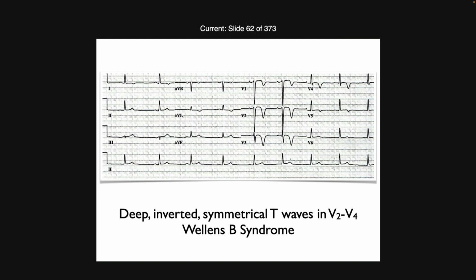So what are we looking at? Wellens B is deep inverted T waves in V2 through V4. Again, it doesn't have to be V2, V3, and V4, just 2 of them. Just V2 and V3 is enough. And you can see how they have this very distinctive look. Even though I said it's hard to see symmetrical versus asymmetrical, I think this is one where you can really see it.